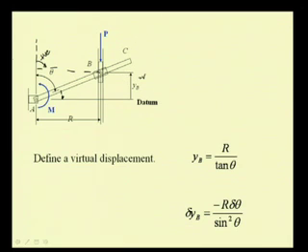So, the virtual displacement of this point B is in the negative sense. So, this negative sign indicates that the virtual displacements of delta theta and delta y_B are opposite, which is also seen from this picture.